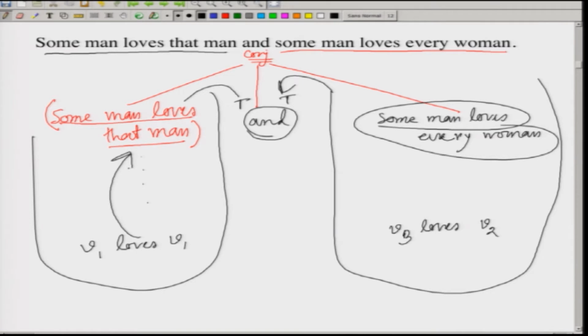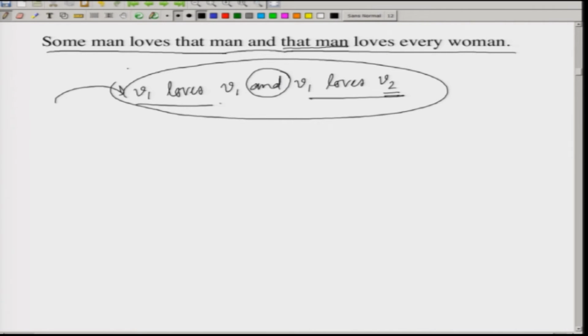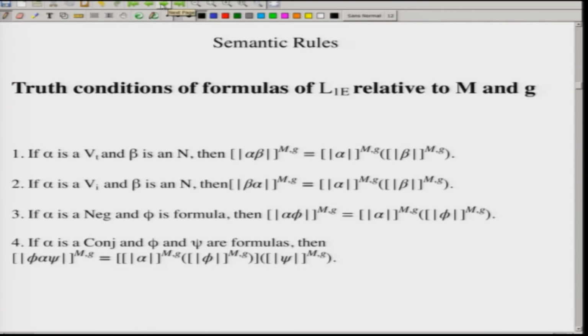After it gets the truth values, it can work, but in this case the truth value will be assigned to the entire thing, including "and", in one go. We shall see how we need to do these things.